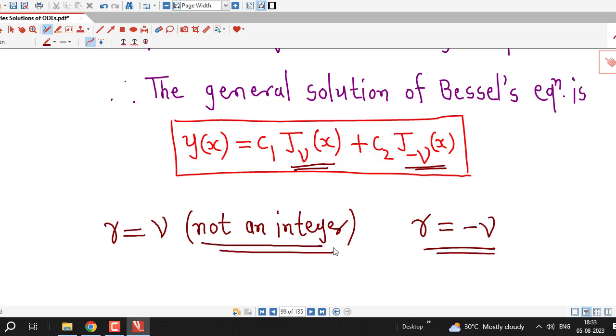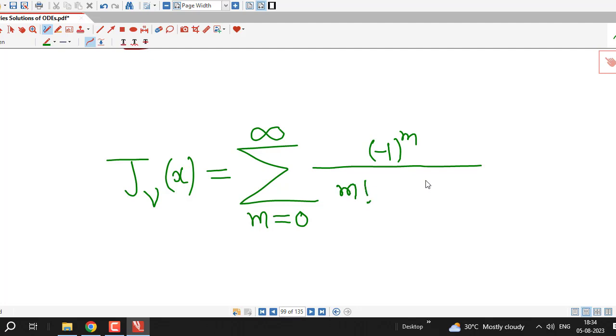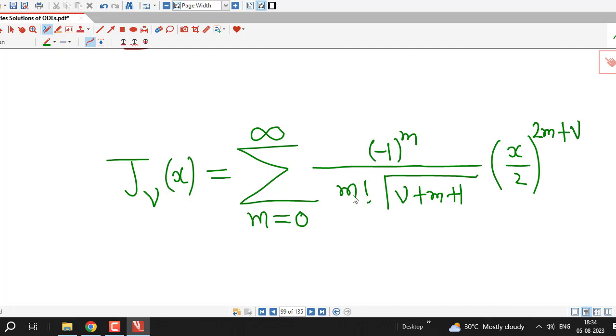Because of this assumption, the roots of the indicial equation do not differ by an integer, and we have seen that the solution corresponding to r equal to nu gives us the formula of a special function, which is called Bessel's function of order nu, and it is given by minus 1 raised to m divided by m factorial gamma nu plus m plus 1, x divided by 2 to the power 2m plus nu.